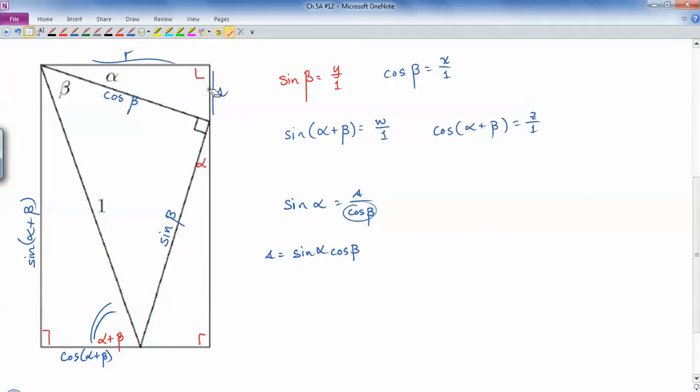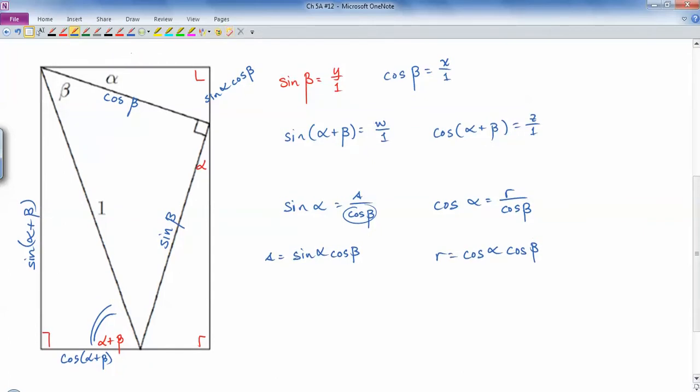If I wanted to solve for R and use cosine alpha, I get R over cosine beta, so R is cos alpha cos beta.